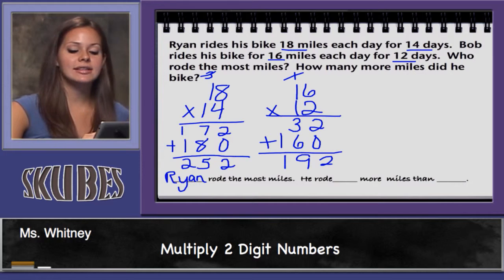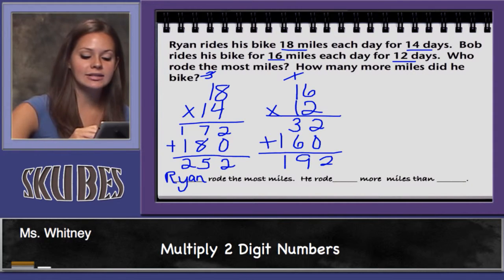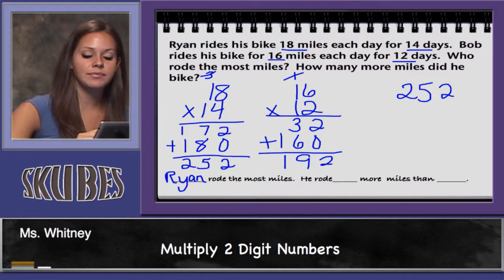The next question asks, how many more miles did he bike? We need to subtract to find the difference. Ryan rides his bike for 252 miles.